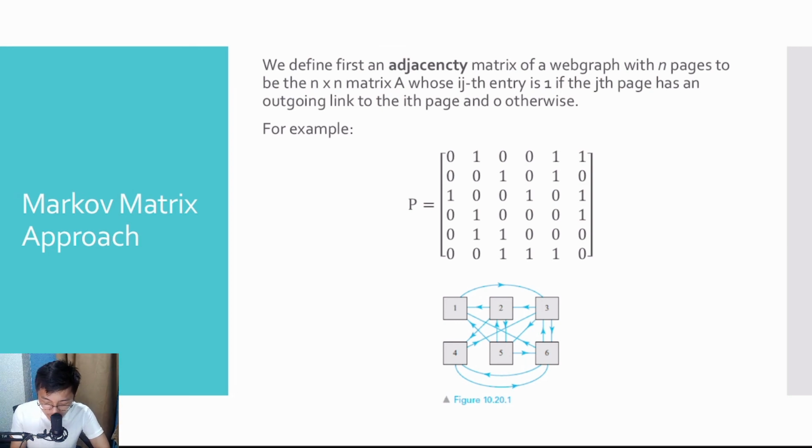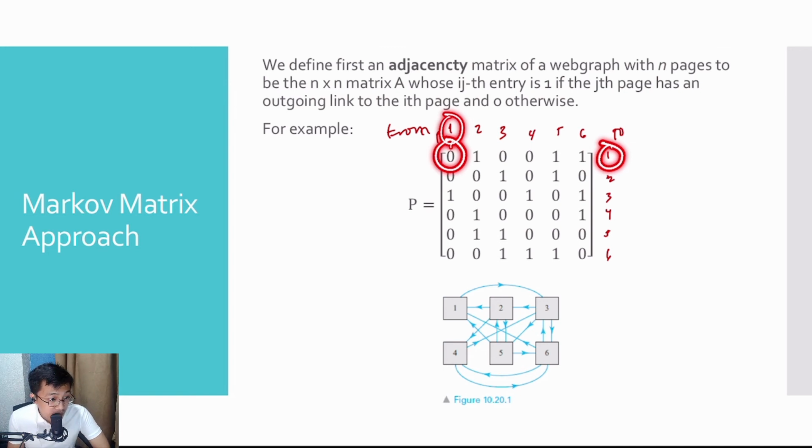So for example, this one, this is page 1, 2, 3, 4, 5, 6. So from and to. So from page 1 to page 1, 0, because there's no link from page 1 to itself.